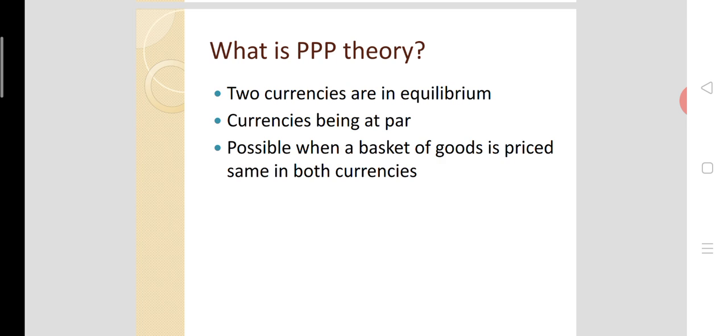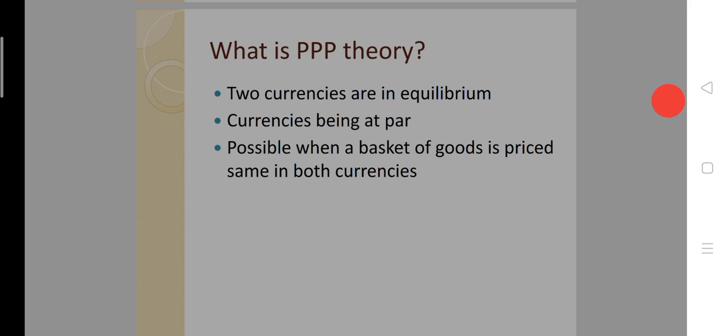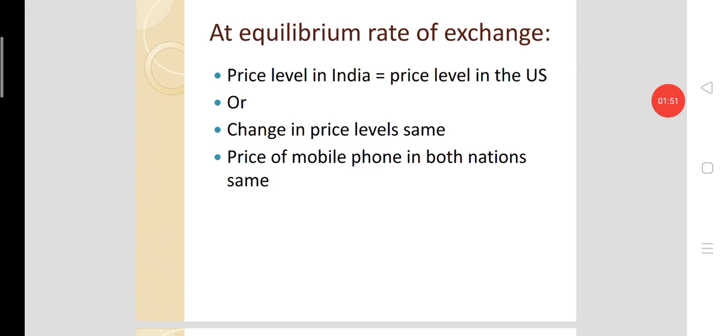It doesn't mean that both nations have the same monetary unit price level. So at the equilibrium rate of exchange, the price level in India will be equal to the price level in the United States.